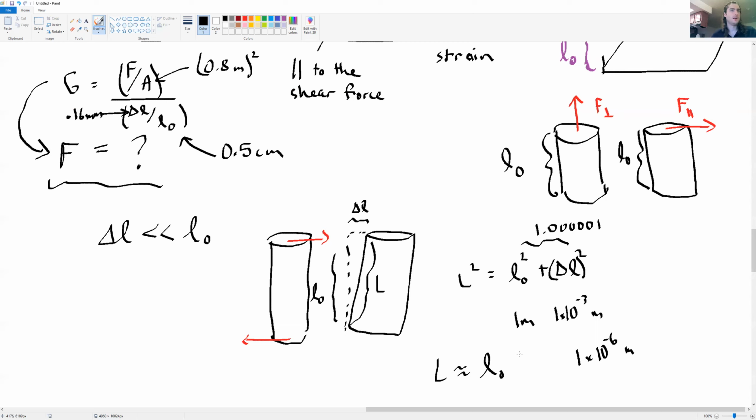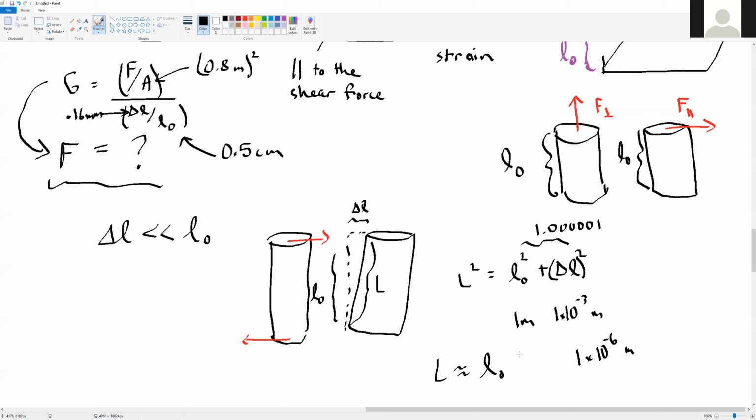So that's why it's basically the same, because delta L's are always going to be small. Your bulk moduli, your shear moduli, and your elastic moduli are all very large numbers, and so delta L is always going to be small unless you start deforming the material. When you start deforming the material, then maybe we need to be more careful. That's pretty much it.